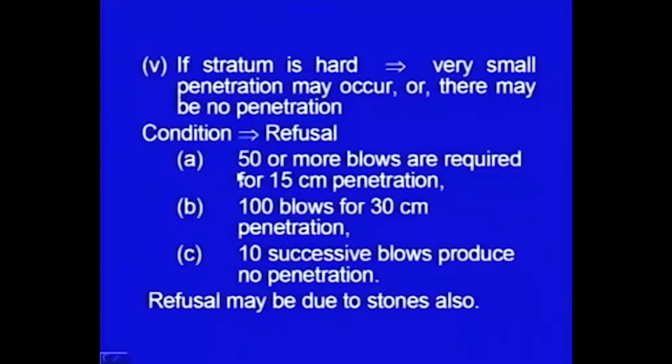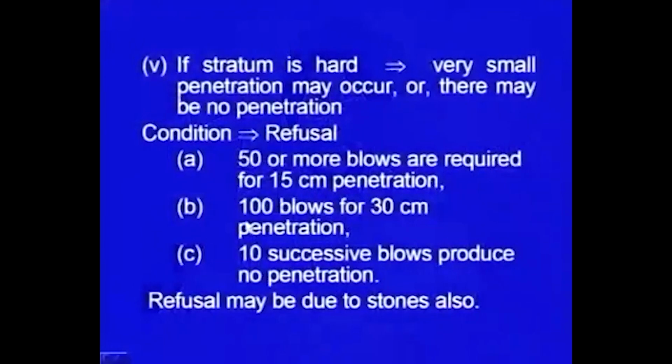The conditions are, if 50 or more than 50 blows are required to cause 15 centimeter penetration. That means, for the first 15 centimeter, second 15 centimeter or third 15 centimeter penetration, anywhere if you observe 50 or more than 50, then we say the refusal has occurred, and we stop the test.